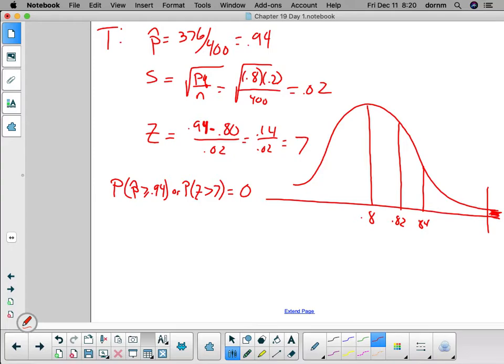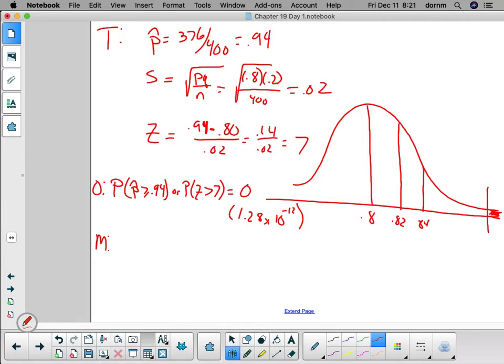So if you look at your output, it actually tells you the z-score and the p-value, which is extremely small. 1.28 times 10 to the negative 12th power, which is essentially 0. By the way, this is my obtained p-value right there.